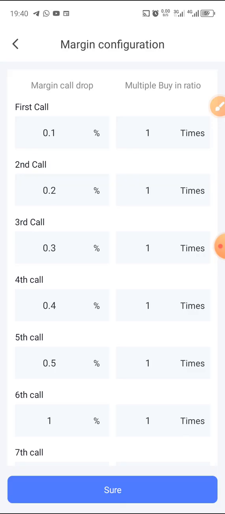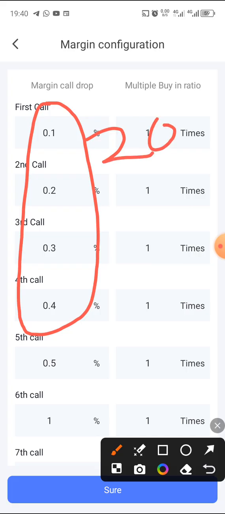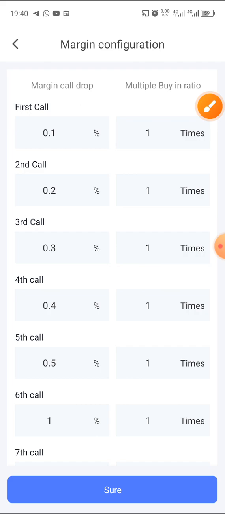Because even if your robot buys only 4 margin calls, these first margin calls, remember we said that our robot should buy faster, meaning 5 times 4, which is 20, plus the 40, the one we instructed our robot to go with in the market at first, it will be giving us 60.